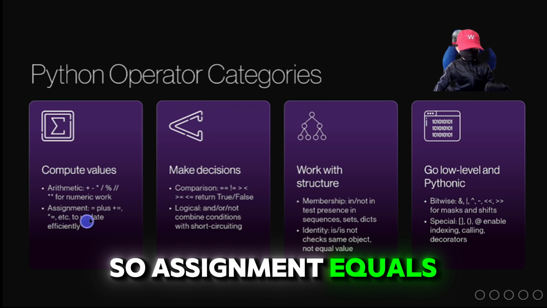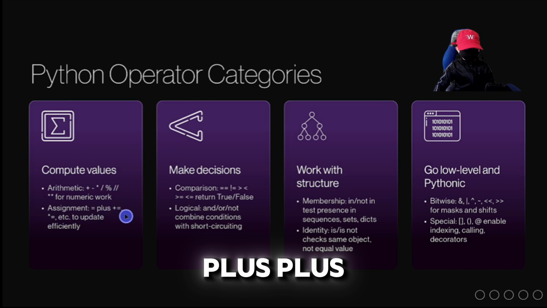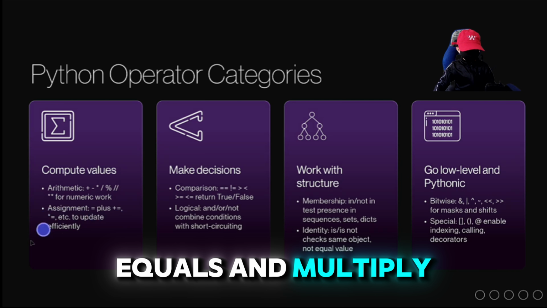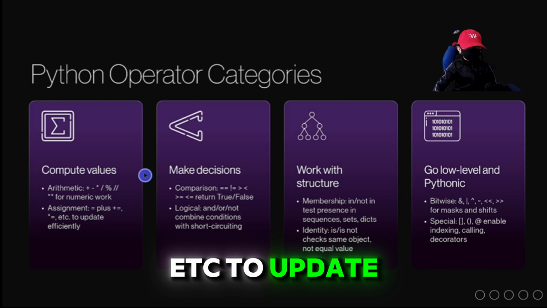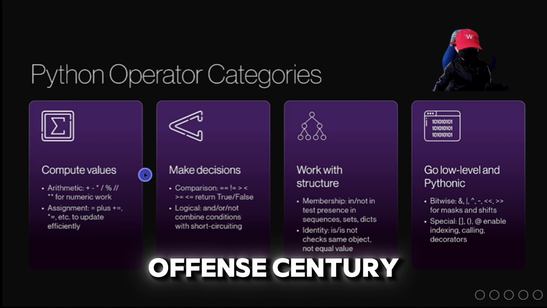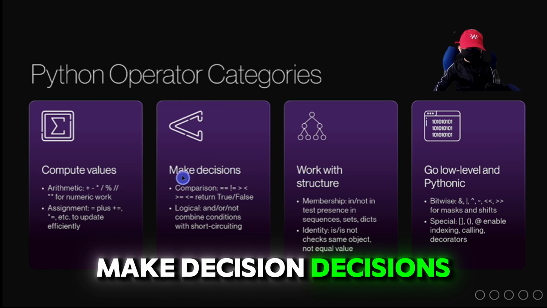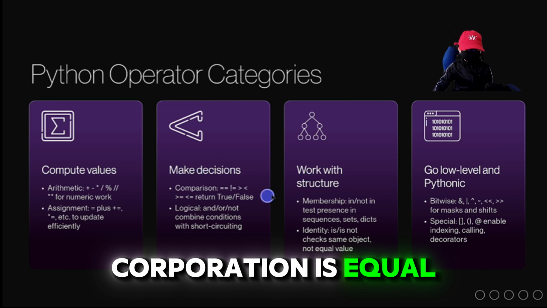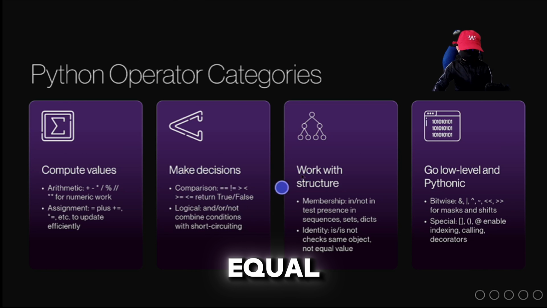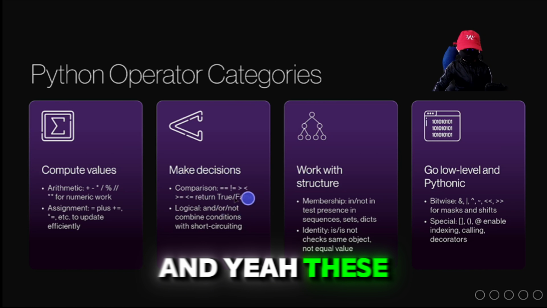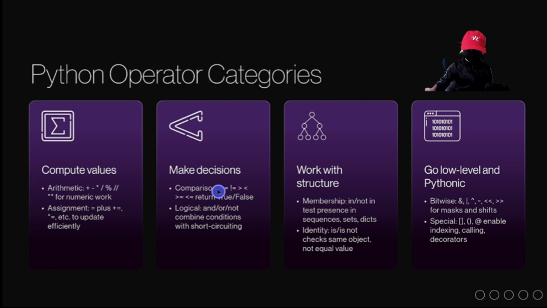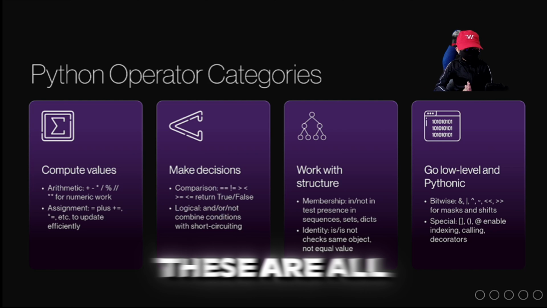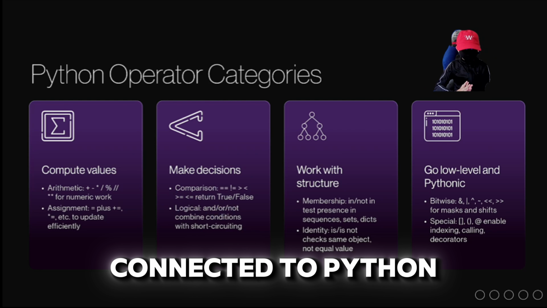Assignment: equals, plus equals, and multiply equals, etc., to update efficiently. Make decisions: comparison, is equal. And yeah, these are just simple things you can learn in school, and these are all connected to Python.